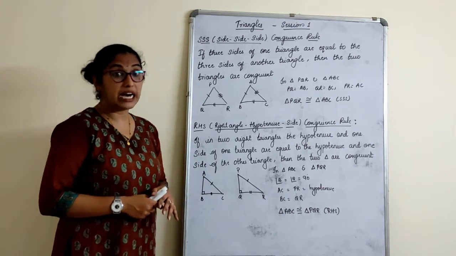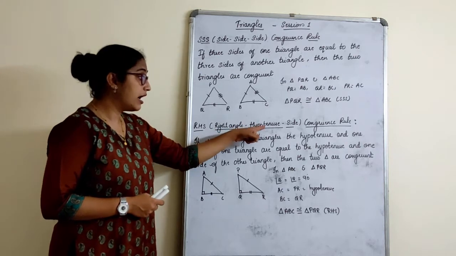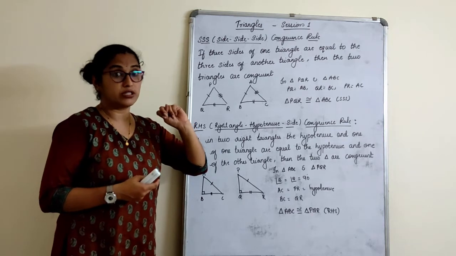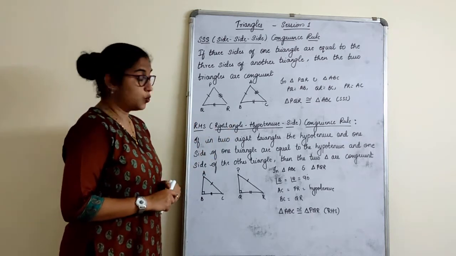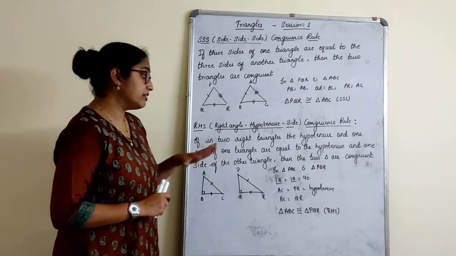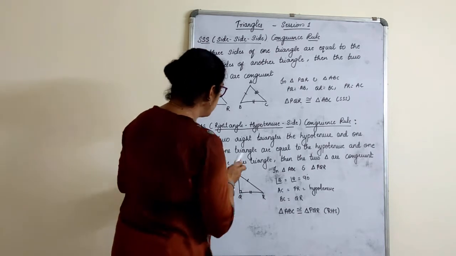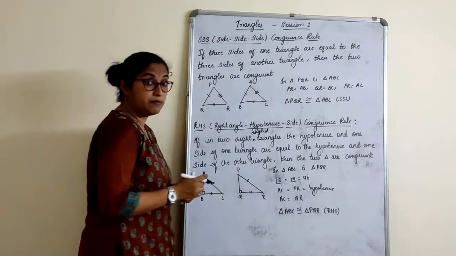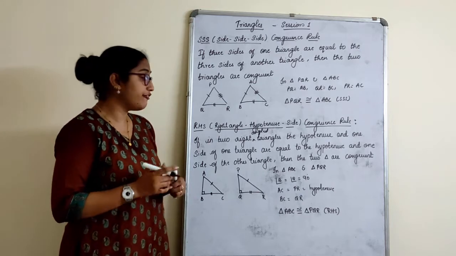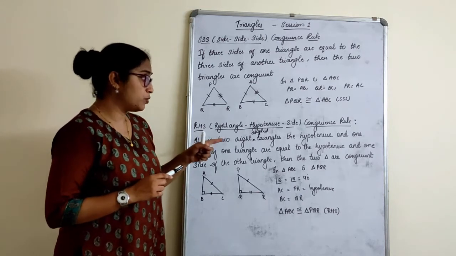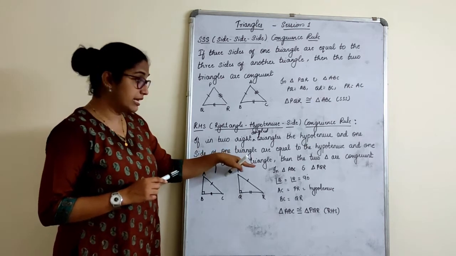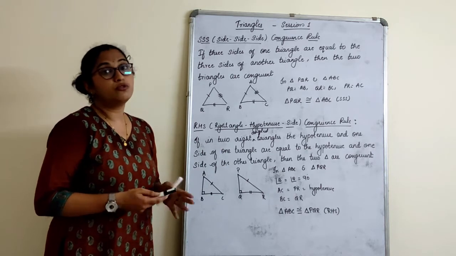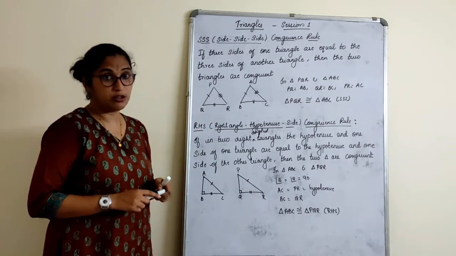And the last one, which is RHS, which stands for right angle, hypotenuse, and any side. That means if it is a hypotenuse, a triangle will have two more sides, any one side. Congruence rule: if in two right angled triangles, that is more important, we just cannot tell in any two triangles, the hypotenuse and one side of one triangle are equal to the hypotenuse and one side of the other triangle, then the two triangles are congruent by the RHS congruence rule.